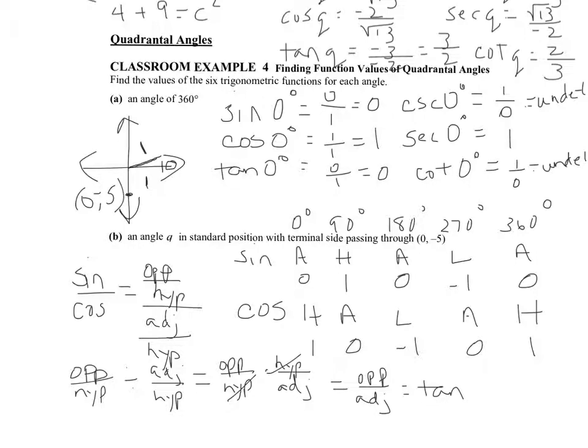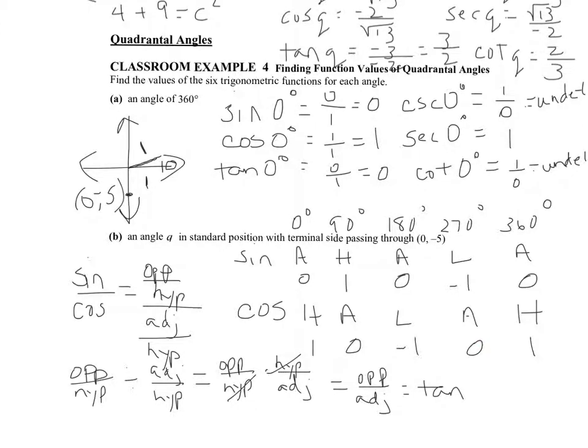All right. Talk to me about the secant. Secant is the reciprocal of cosine. So if I'm looking at cosine of 270, that's 0. So think of it as 0 over 1. What happens when you flip it? It becomes 1 over 0, which is undefined.